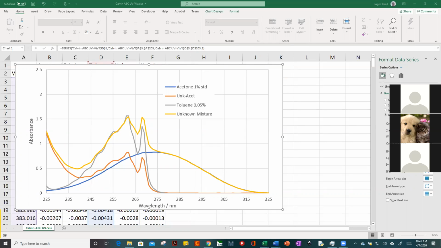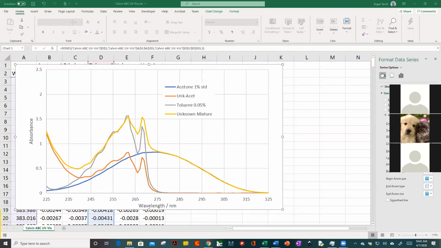You can start with saying, is it greater than the standard or less than the standard? Less than the standard. Excellent. Okay, so it's less than the standard.